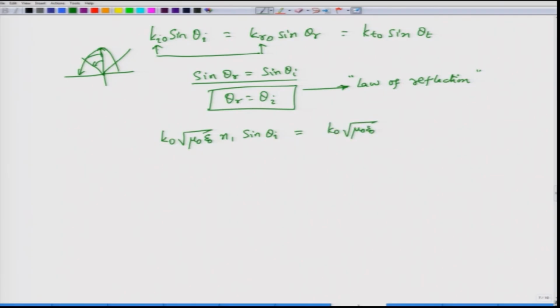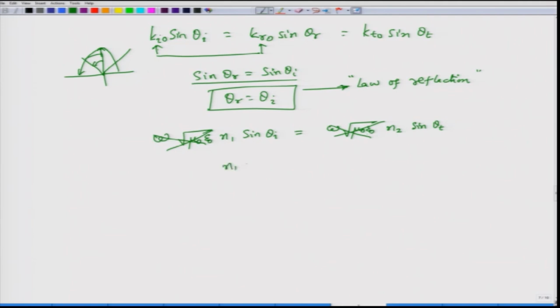This is not k 0, this is omega, I made a mistake here. Clearly this factor will go away, since all the waves have the same frequency.